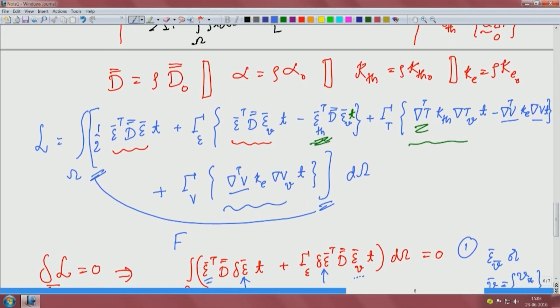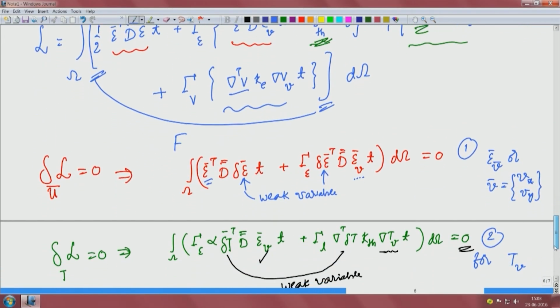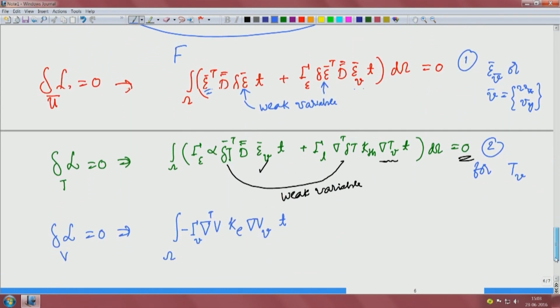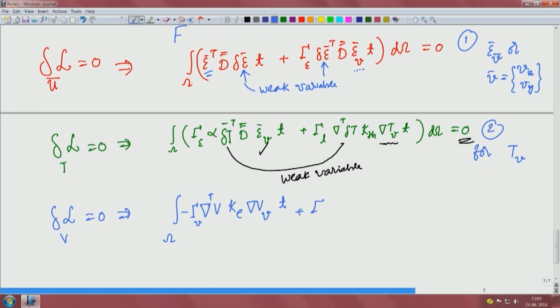The second term, okay, that is gamma V and then del t del V, and then we will have the rest. So, plus, sorry, this is actually not del V, this will be del gamma t, and this will be del transpose del delta V to K. So, here it is Ke, sorry, this came from Kth, thermal conductivity.